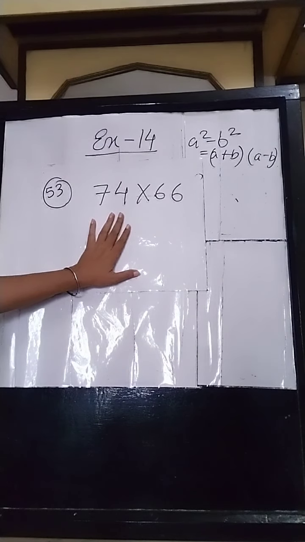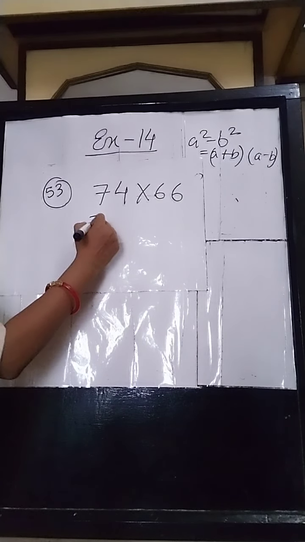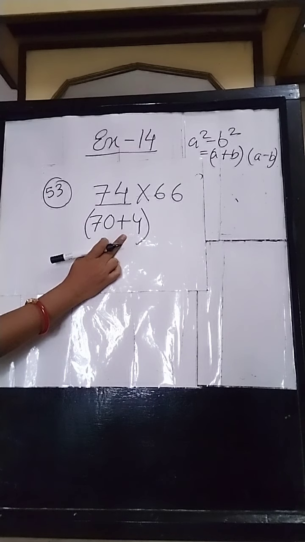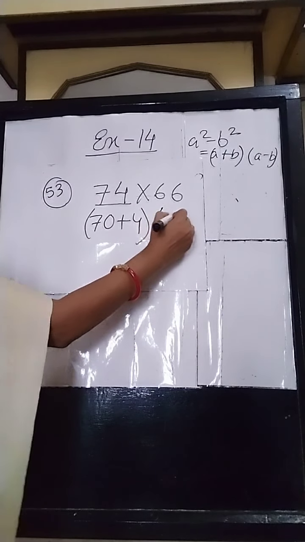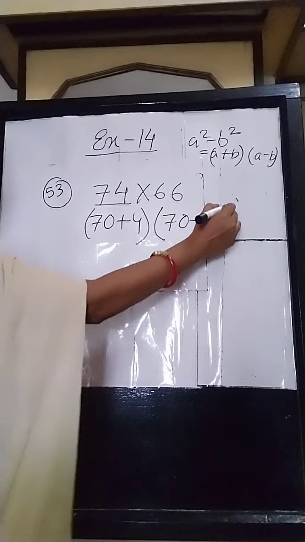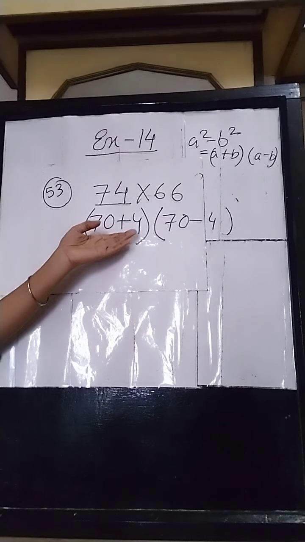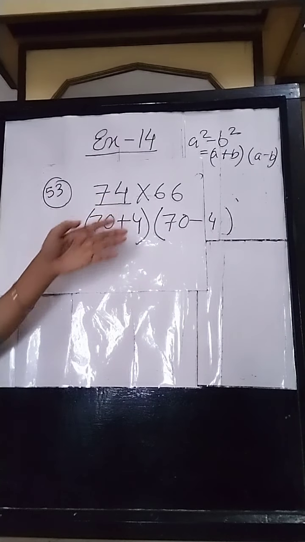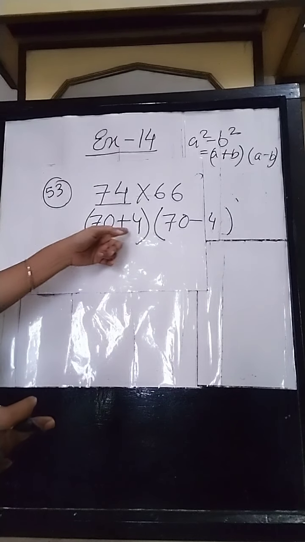I hope you can easily understand how we can derive the first term and the second term from this. Now 74 means 70 plus 4. Very easily, if we break 74, we can get 70 plus 4. So 66 will naturally be 70 minus 4.